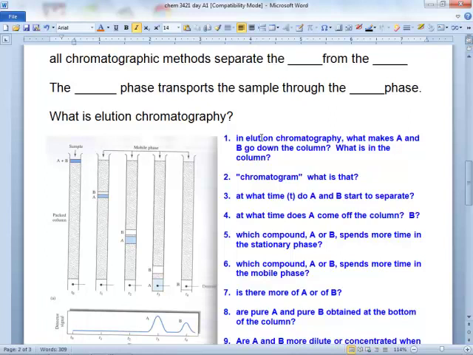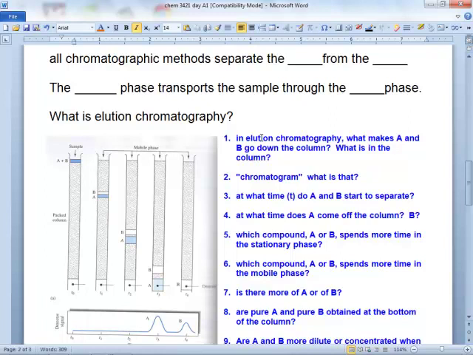Yeah, all chromatography is separation. But elution's kind of special in the sense where you have to keep adding what on top? Well, the liquid. We're not supposed to say liquid though. We're supposed to say the what phase? The mobile phase. You got to keep adding the mobile phase, which is pretty much true for all chromatography.